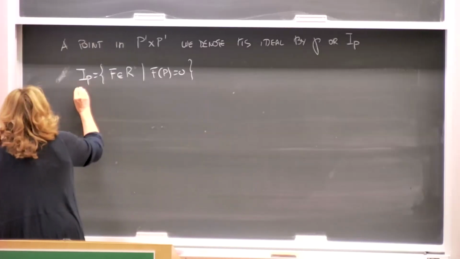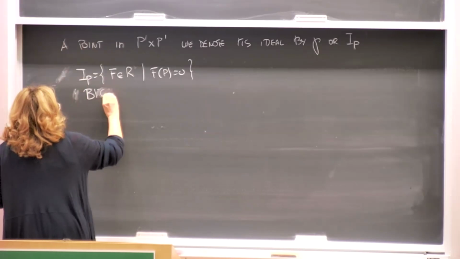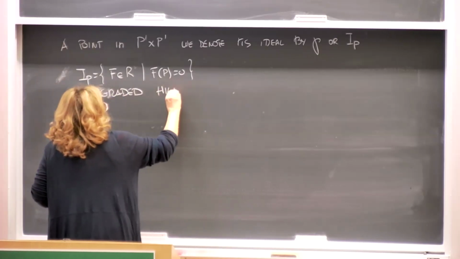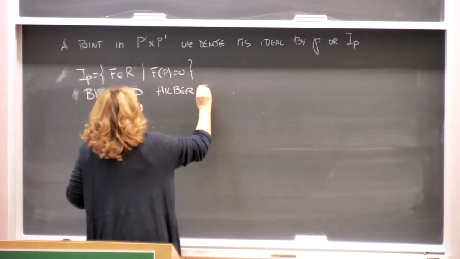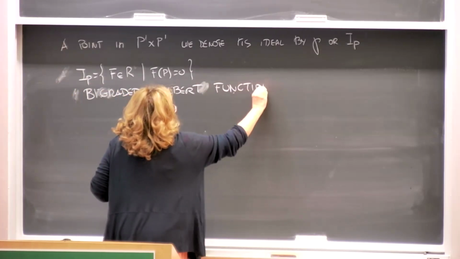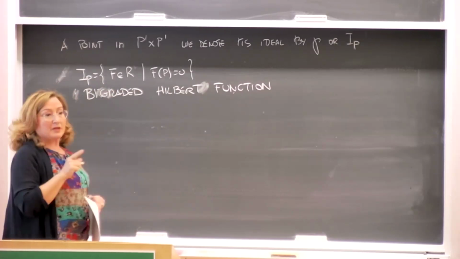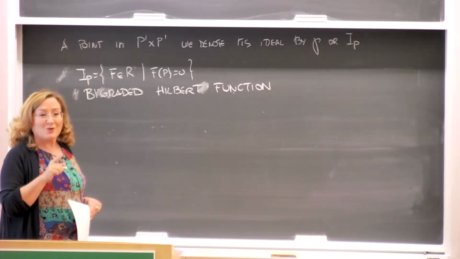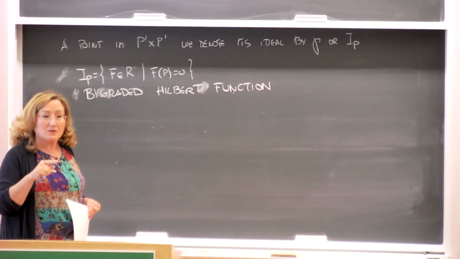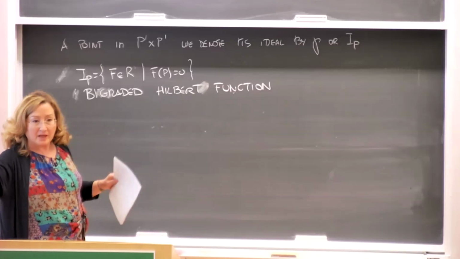So define the bigraded Hilbert function, and at the beginning, Giuffrida, Maggioni, Ragusa called it Hilbert matrix because since it's bigraded, it has the shape of an infinite matrix.